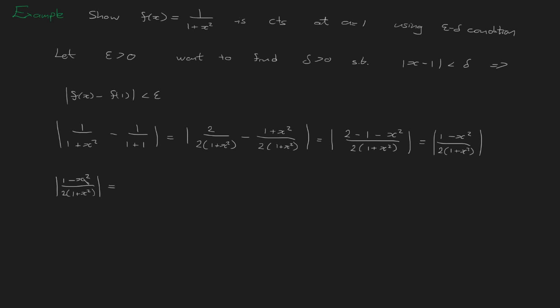And so 1 minus x squared, or x squared minus 1, in absolute value means I don't really care about the order. This is going to give me a factor of x minus 1. It will also give me a factor of x plus 1. And finally, I'll have a factor of 1 over twice (1 plus x squared).